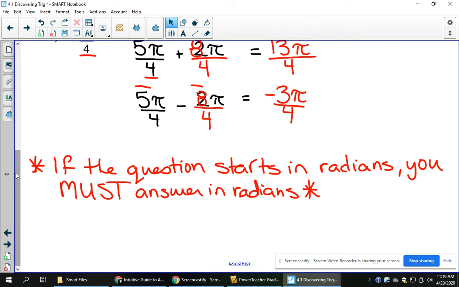So if you are the person that is struggling with some of your background knowledge and you need to convert to degrees, you need to remember that if it starts in radians, you go back to radians. So if you're doing that method, there's an initial conversion to degrees, then you do your math in degrees, and then you take your answer back to radians. It's a lot of extra steps, whereas just working with the fractions and understanding the rules that we've learned over the years is a little less work, in my opinion.